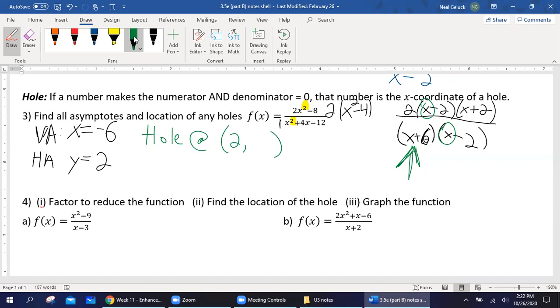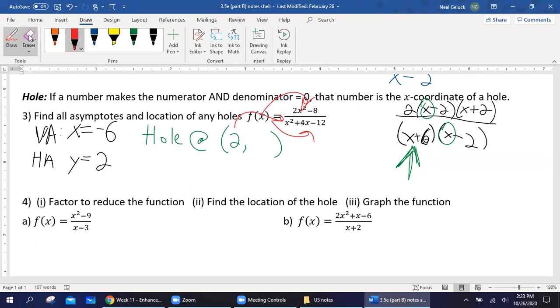Well, the question is, what is the y coordinate? Here's the problem. Whenever I have an x, I can usually plug it in to the machine for x's and get the y value. That's not going to work here though, because I know that's going to give me 0 over 0.